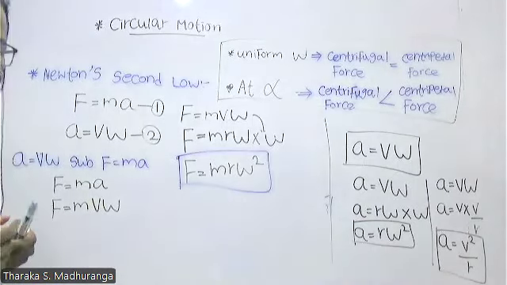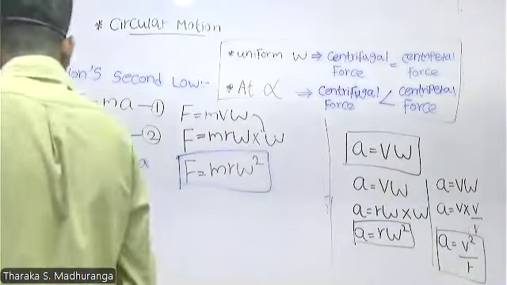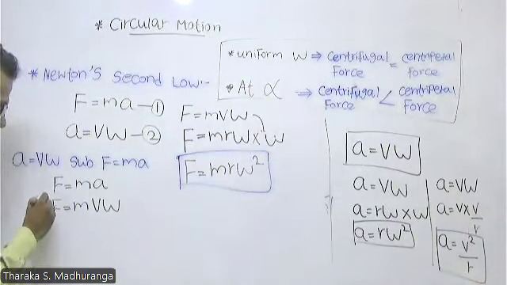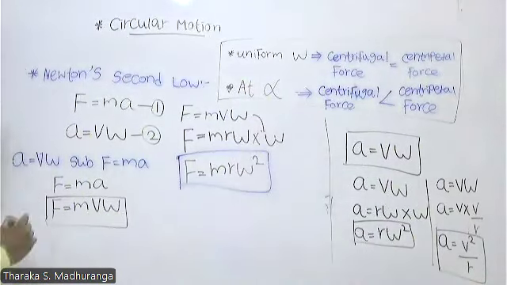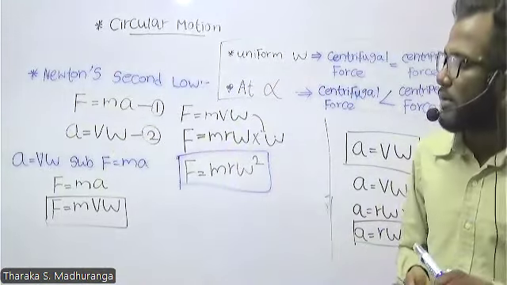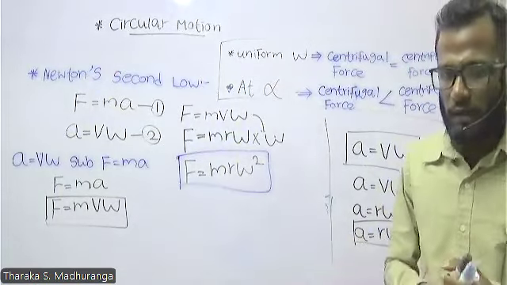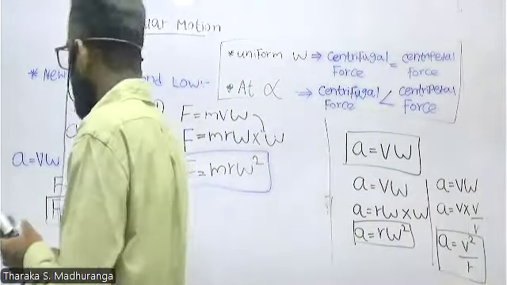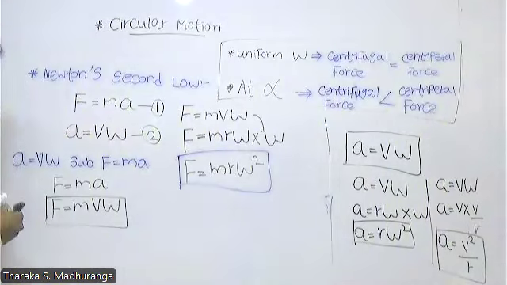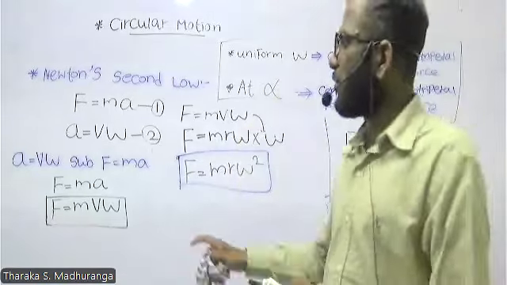Then F equal mv omega is coming. This is our final basic equation for the centripetal force: F equal mv omega. Only write down this part.